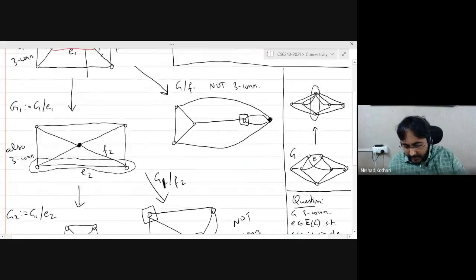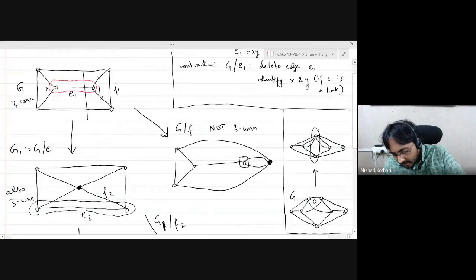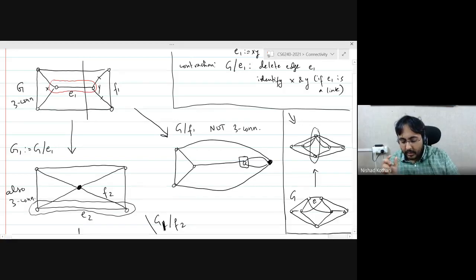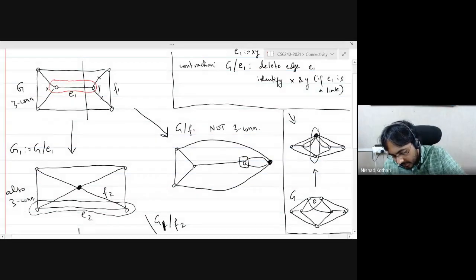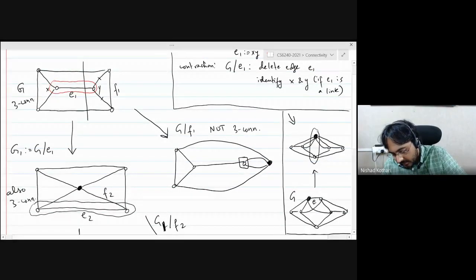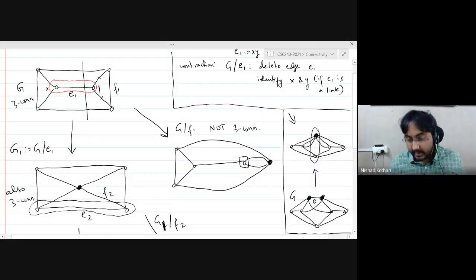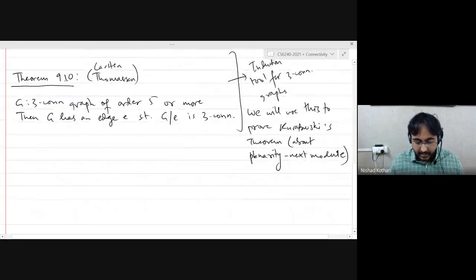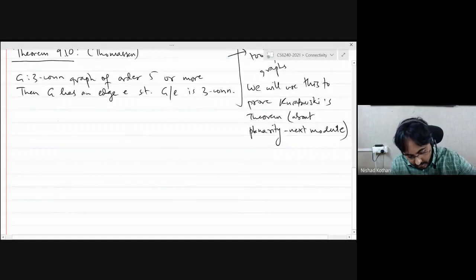So if you already saw the way I was thinking when I was constructing this incorrect example, you probably already saw what I was doing. I constructed the smaller graph first, and then I went in the reverse direction. I split a vertex into two vertices. I split this vertex into two vertices. And that is how I constructed this incorrect example, right? But that is actually the converse of contraction.